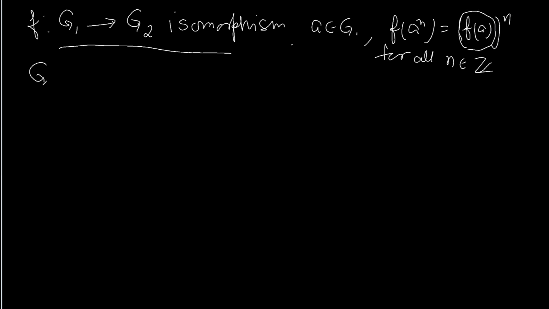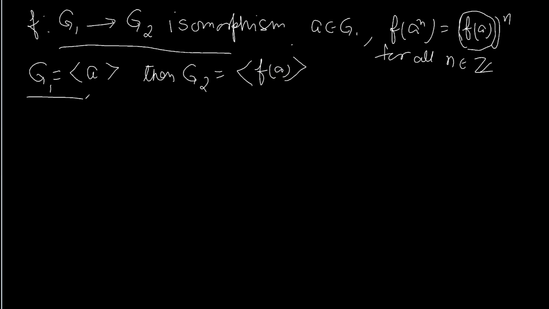And what we had started to show was that if G1 is a cyclic group, say generated by an element A, then G2 will also be a cyclic group, and that will be generated by f of A. This is what we want to show now. So all that we have to show is what? Take any y in G2, we would like to show that y is an integral power of f of A.